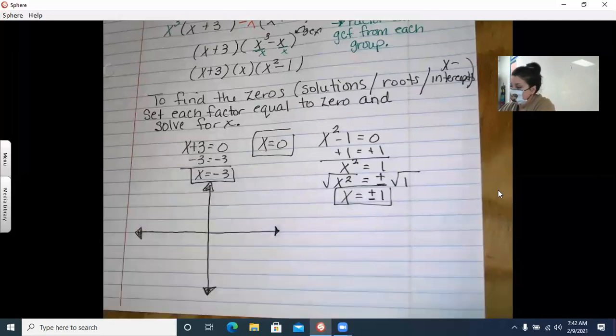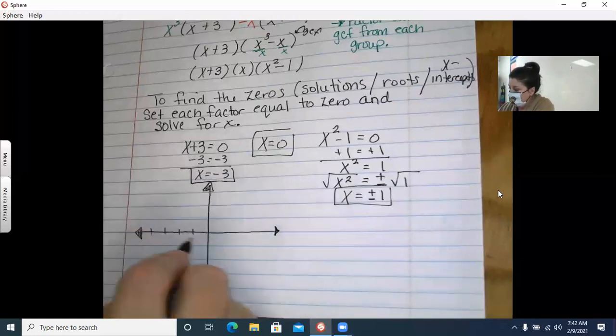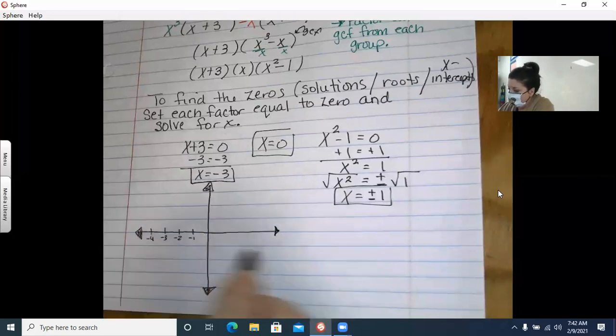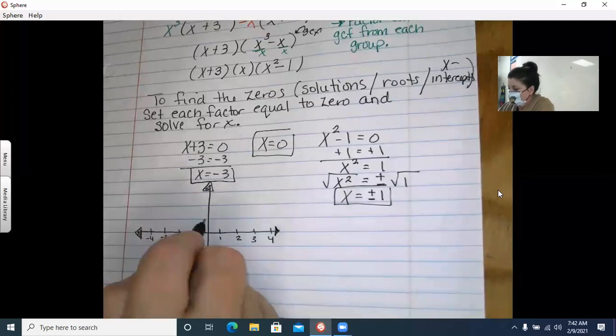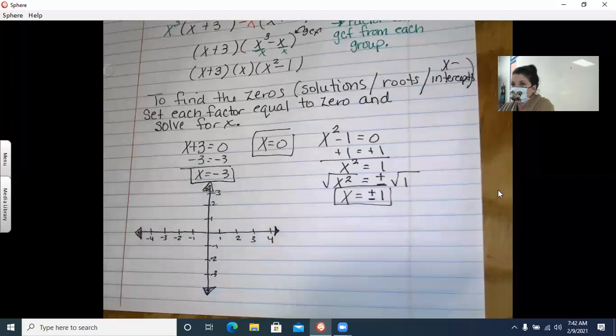And I know I need to go at least to -3 on the left side, and on the right, I need to go at least to +1. And I'm not too worried about my y-intercepts, or how I label my y-axis.